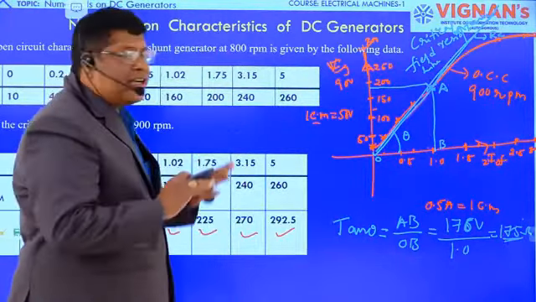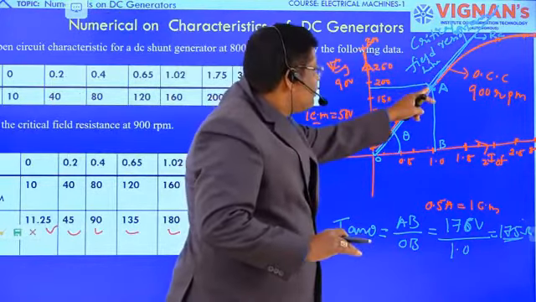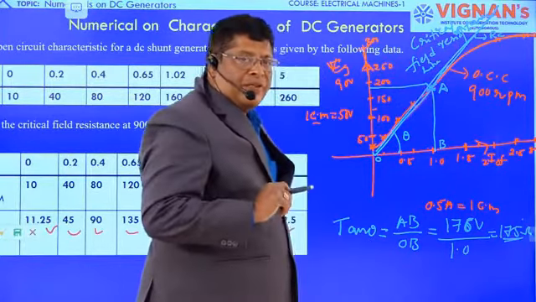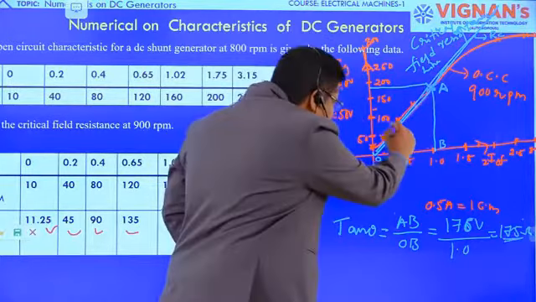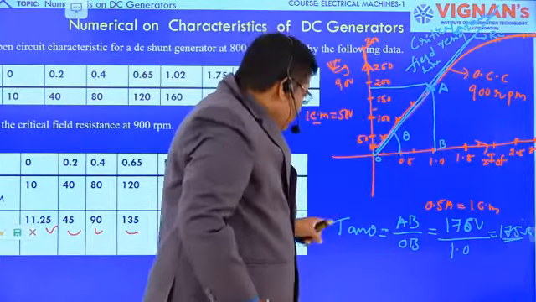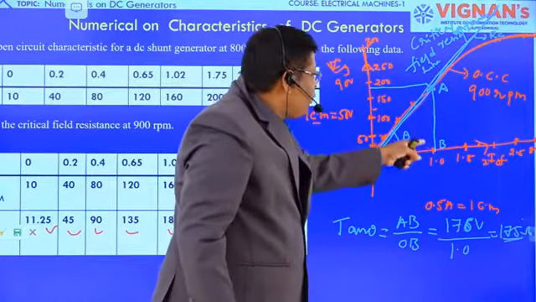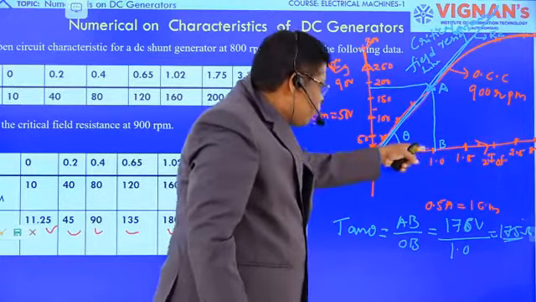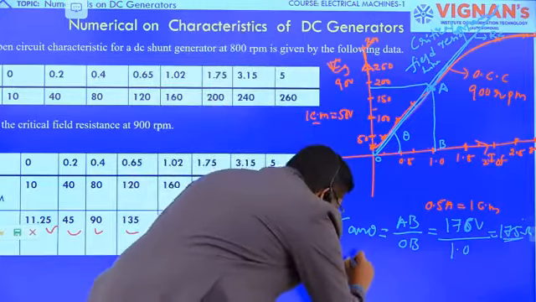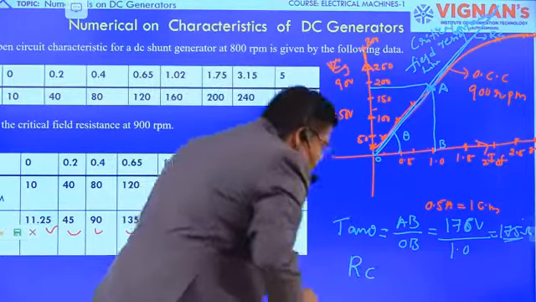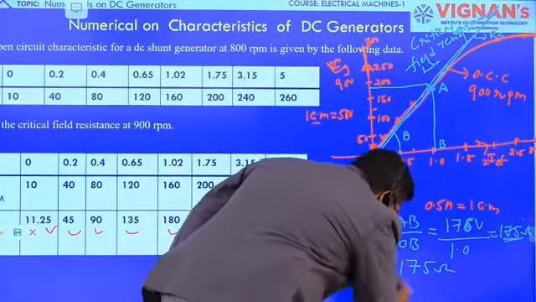To calculate the critical field resistance, first you have to draw the tangent in the most linear portion. Take one point, and corresponding to that point draw a vertical line as well as a horizontal line. We get the angle theta, and tan theta equals AB by OB. From the graph you know the value of AB divided by OB. So RC equals 175 ohms in this case.